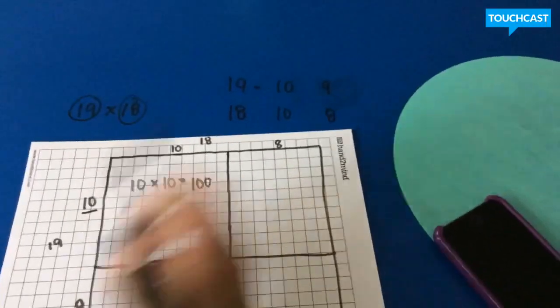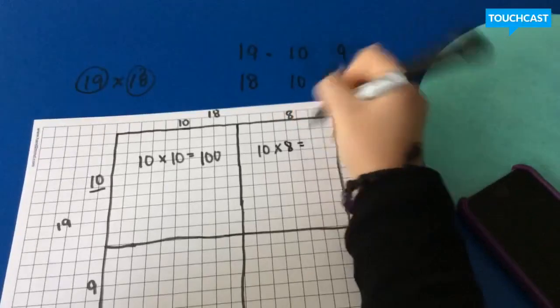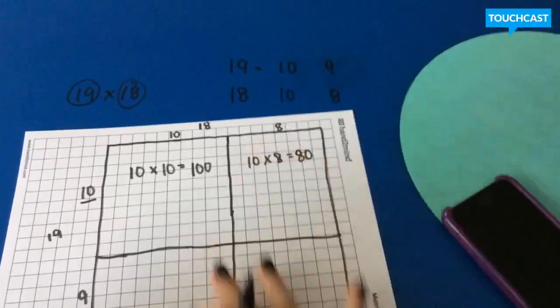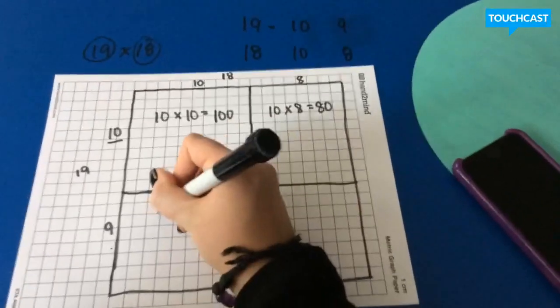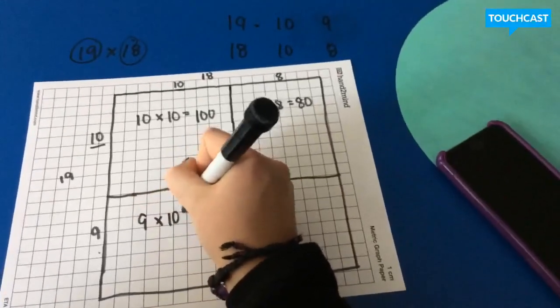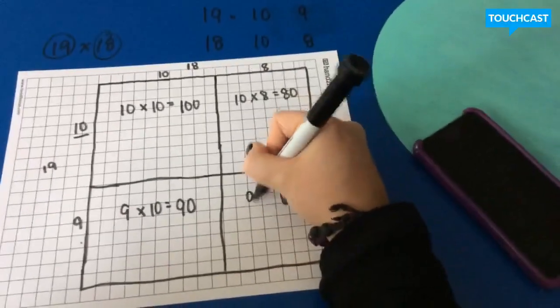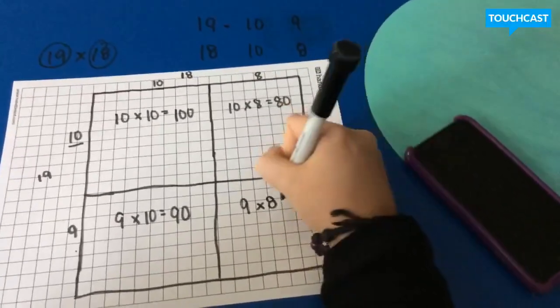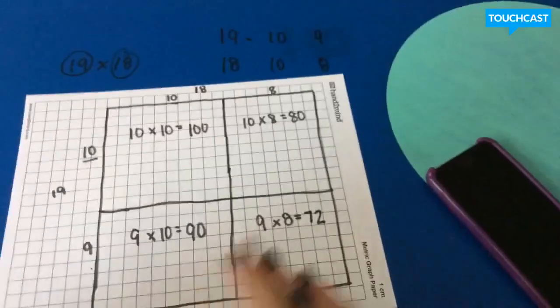I'm going to do 10 times 8 in this box, which gives me 80. Then I'm going to do 9 times 10, which gives me 90, and 9 times 8, which gives me 72. Okay, we see that?